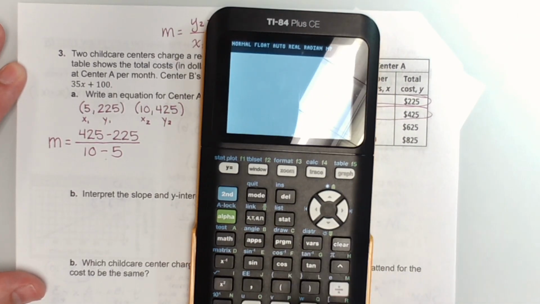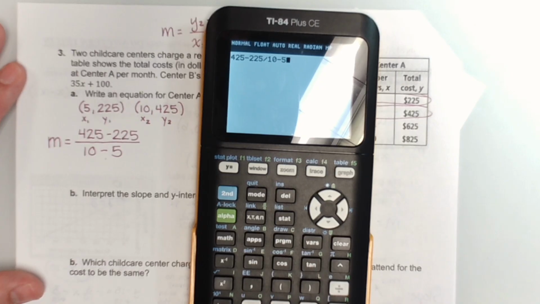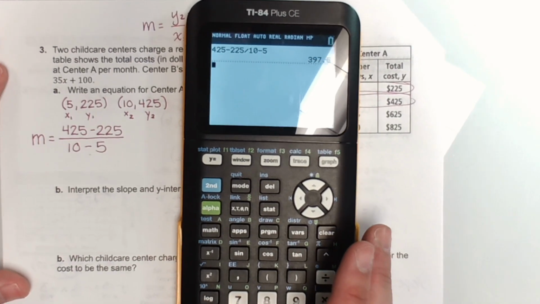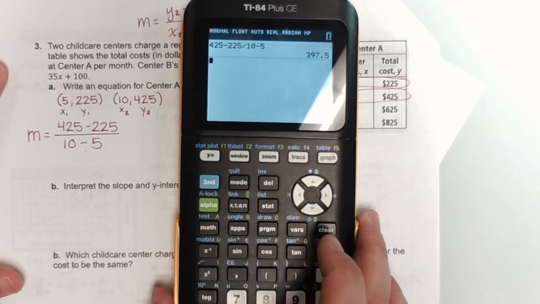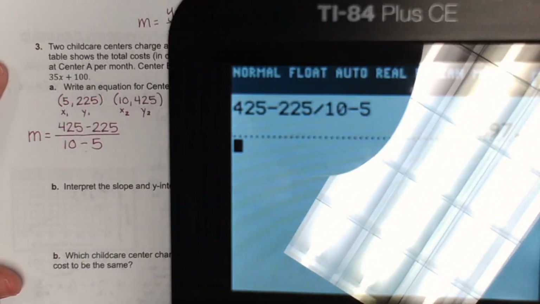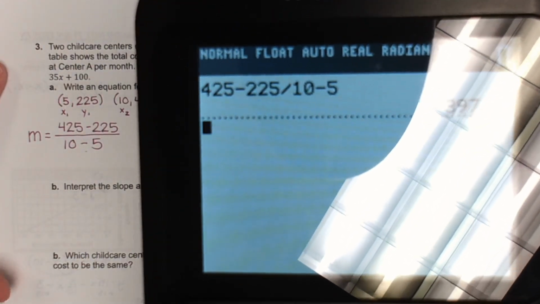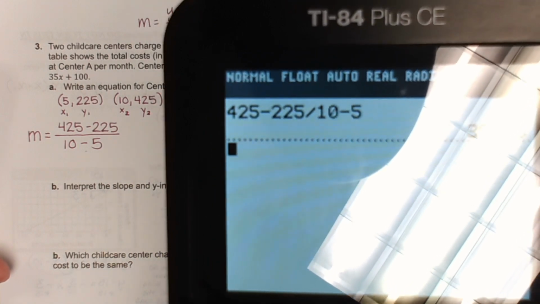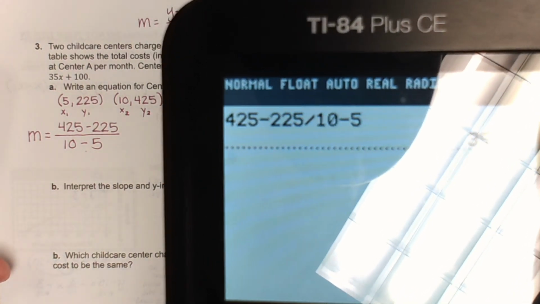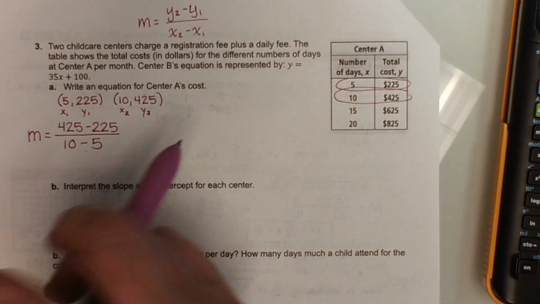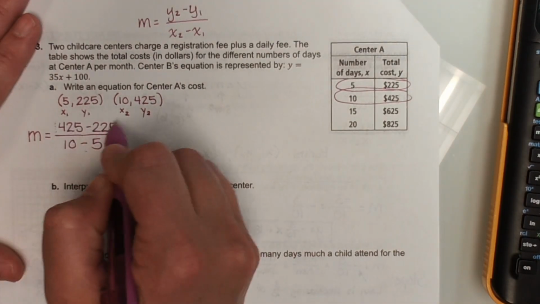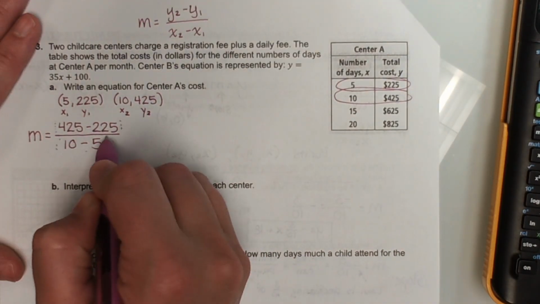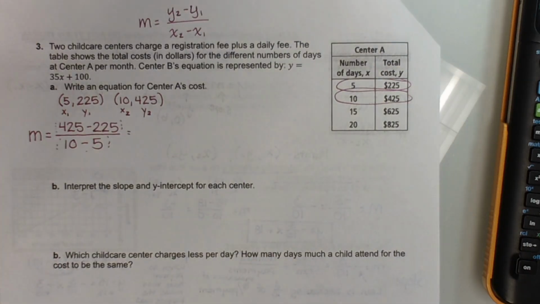The next most common mistake I see people do is this. Is that the same as what's on paper? No. What's wrong with it? Parentheses. Remember, in all technicality, fractions, tops are grouped and bottoms are grouped. I just recommend you do it separately.